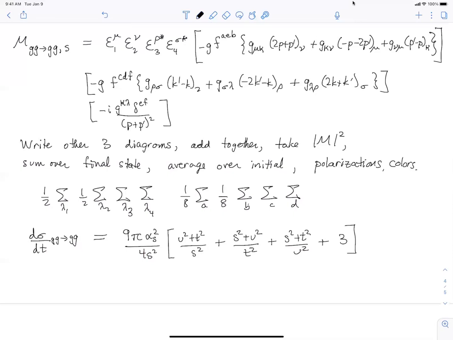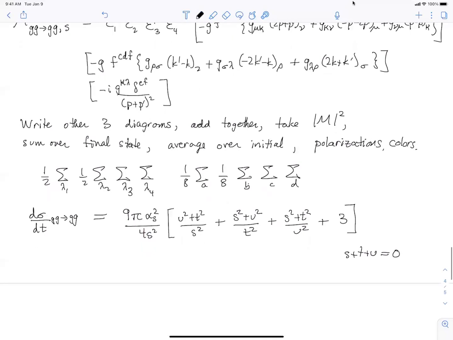Okay, and if you want, you can think about these as coming from respectively the S channel diagram squared, T channel, U channel, and then this is the 4 vertex, although it's not quite that simple. One reason it's not that simple is because, remember, you can always trade one of U, T, and S for the other one. Because remember, S plus T plus U for massless particles is 0.